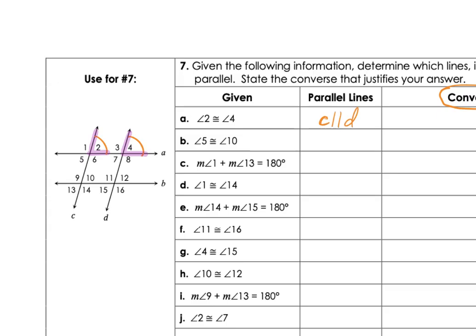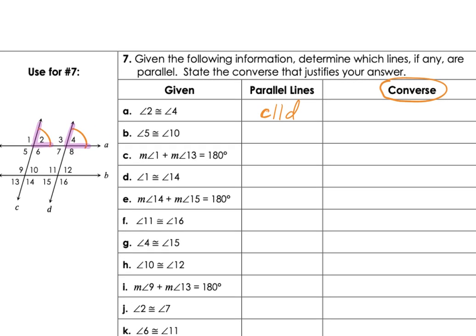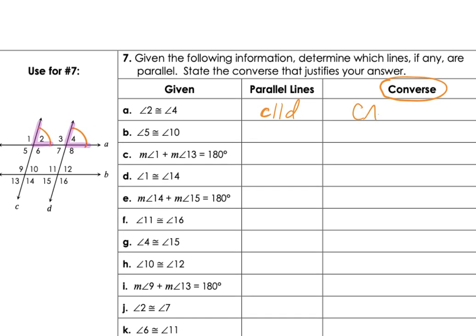Why? Which converse? Corresponding angles, right? From the vertices, that's top right with top right. Okay? 5 and 10. Let's look at 5 and 10. Here's 5. Yeah, let me switch colors here. Here's 10. They are alternate interiors. Which lines?